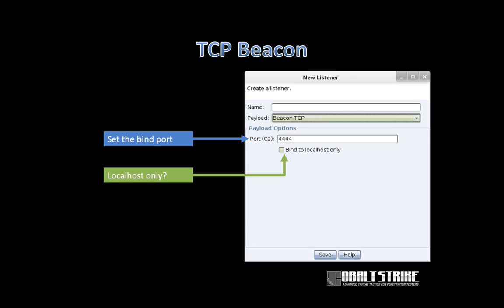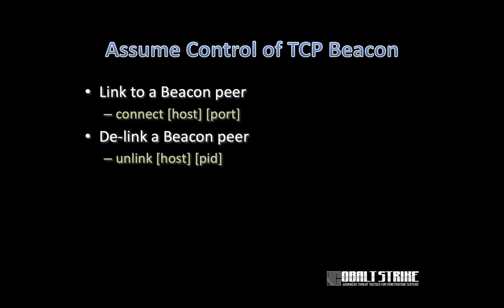The localhost only option is really useful if you're planning to use the TCP beacon for localhost pivoting, so for privilege escalation or moving to another context on the system. To assume control of the TCP beacon, use the connect command with a host and a port, and you can tab complete the ports, very similar to the SMB beacon.